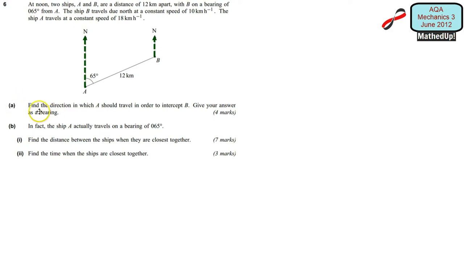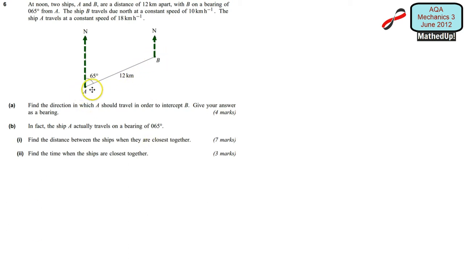For part A, we're asked to find the direction in which A should travel in order to intercept B, and we need to give our answer as a bearing. So in order for A to intercept B, that means that if B was the observer, A is going to be heading straight towards it.